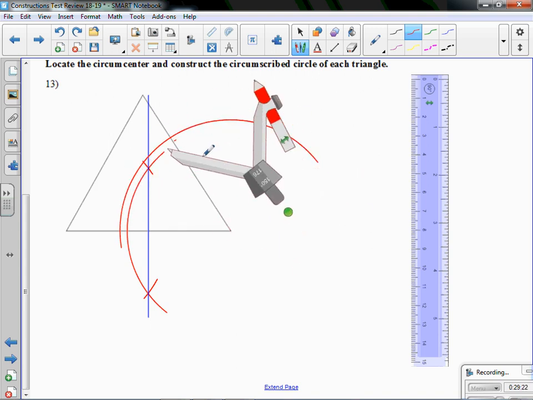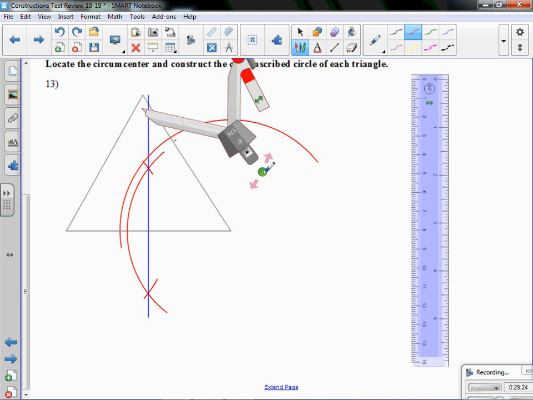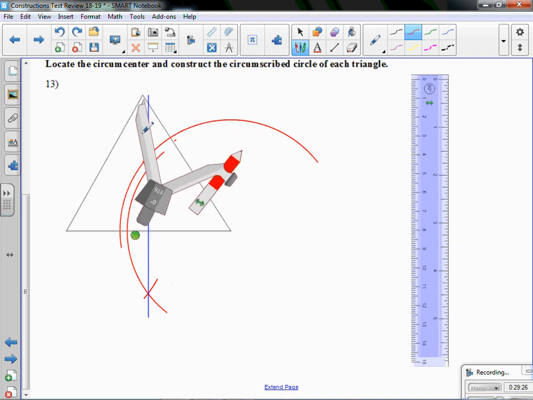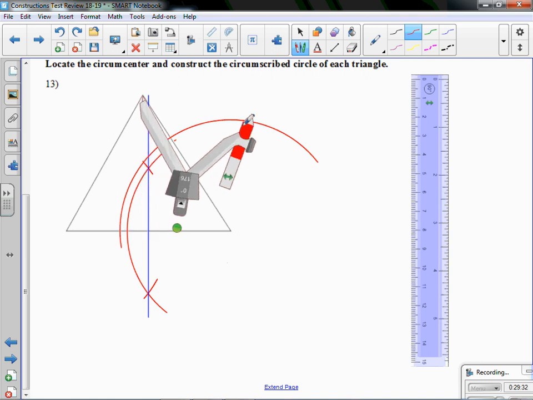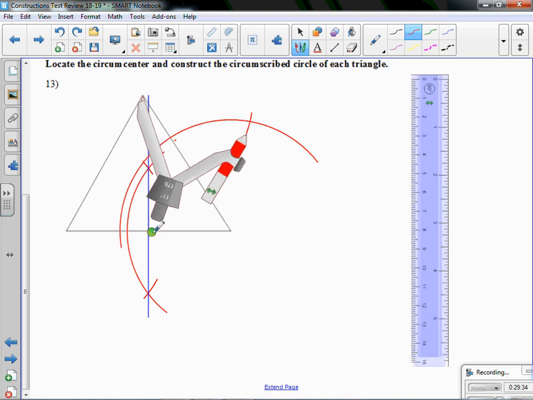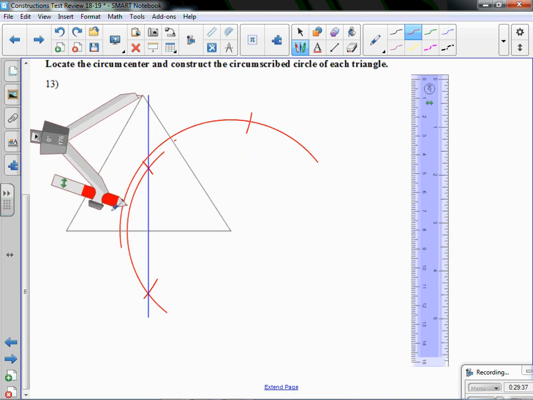This mark there. Now put the point at the other endpoint. And mark where it would intersect. Here. And there.